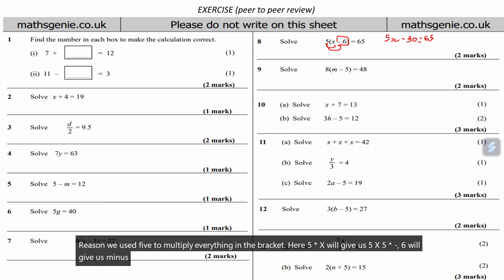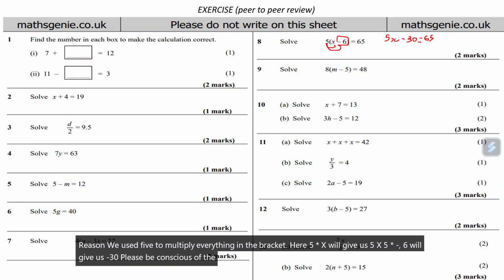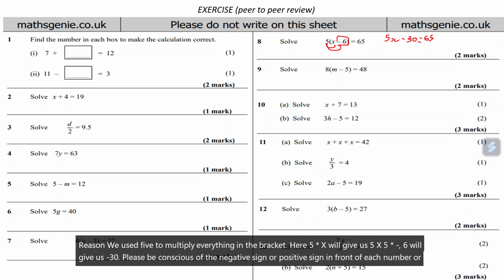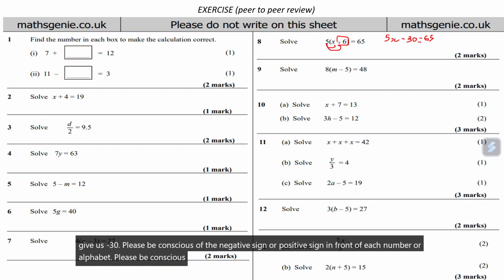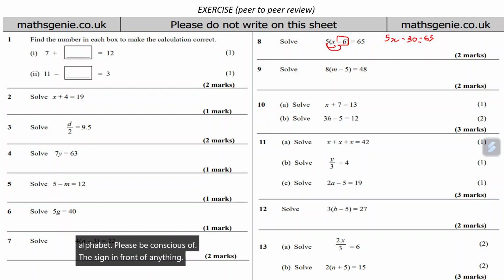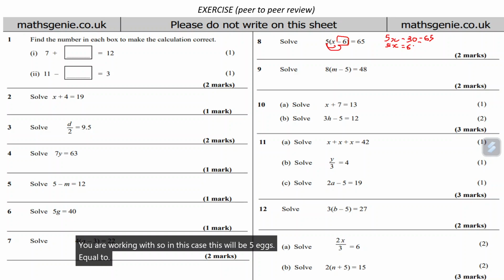Please be conscious of the negative sign or positive sign in front of each number or alphabet. Please be conscious of the sign in front of anything you are working with. So in this case, this will be 5x equal to 65.